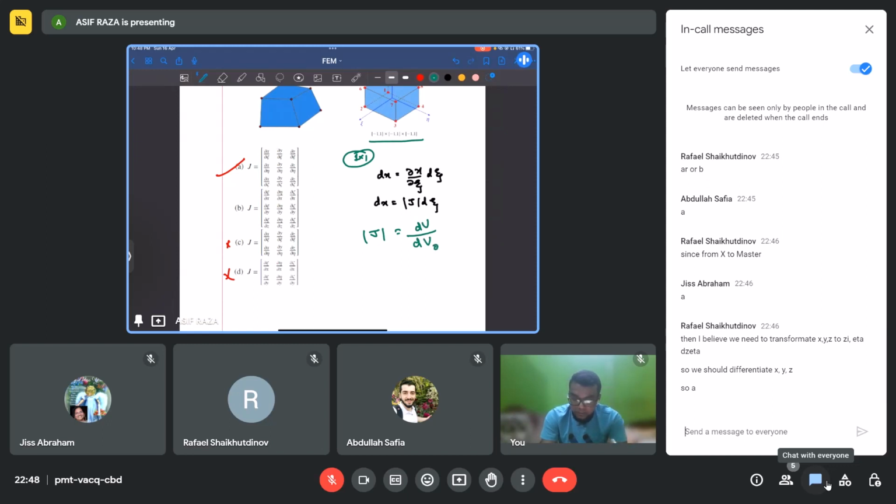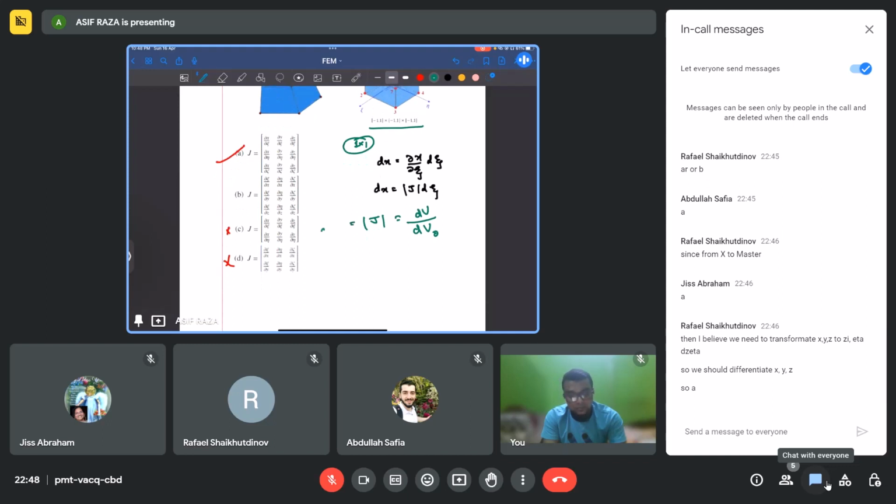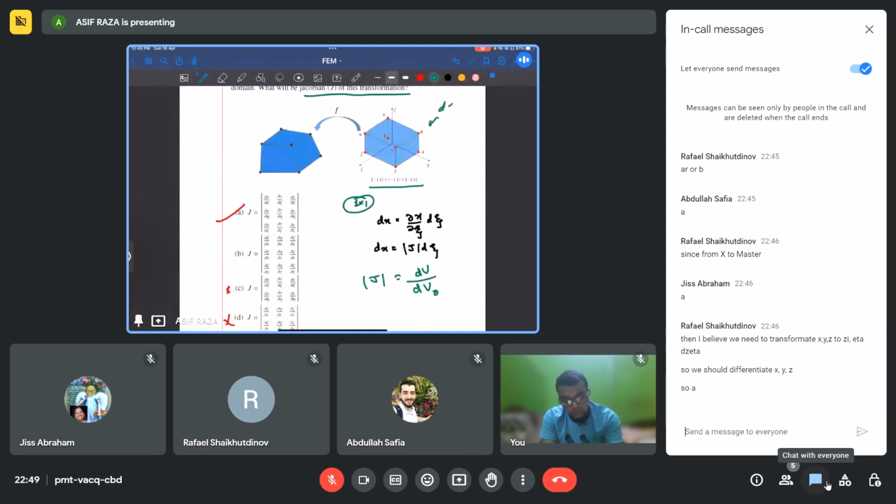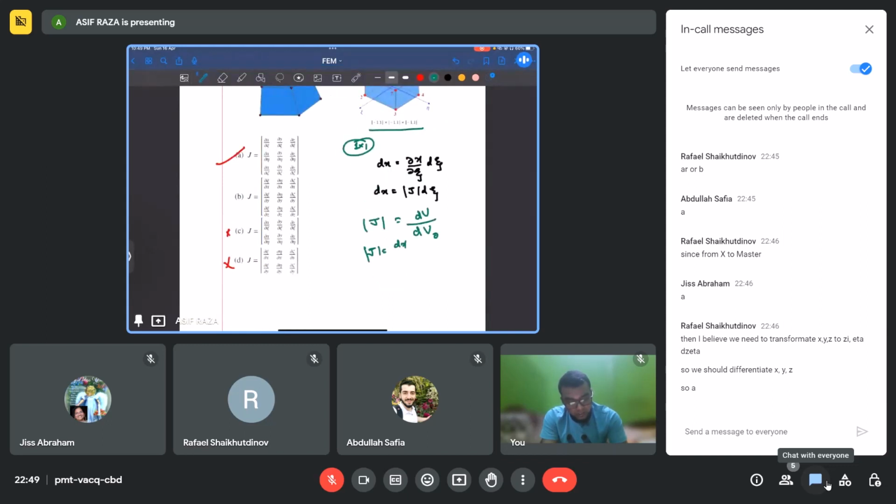I'm talking in the perspective of solid mechanics as well, like determinant of Jacobian, deformation gradient. So in this perspective, our old coordinate system is the xi coordinate system and new coordinate system is x. So this would be dx upon dxi. Right? So this is quite easy.